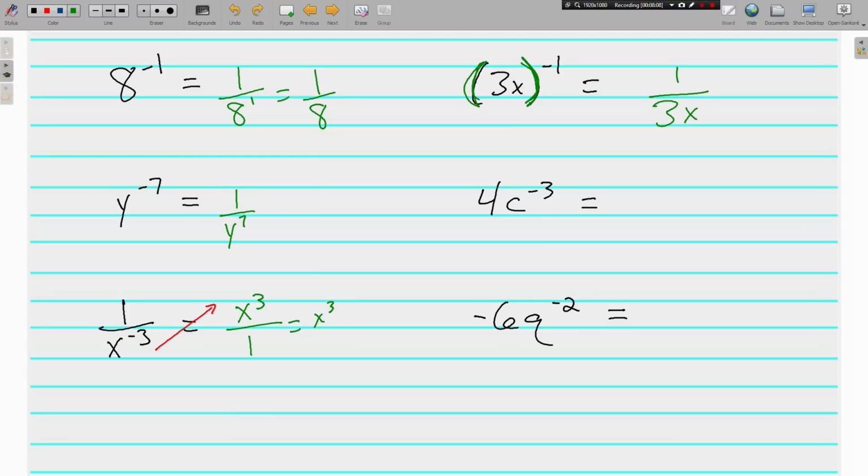But 4 times c to the negative third, remember exponents happen before multiplying in the order of operations, so it's really only this c that's to the negative third. So the 4 is actually going to stay where it is because the 4 does not have a negative exponent with it. But the c to the negative third needs to go to the other side.